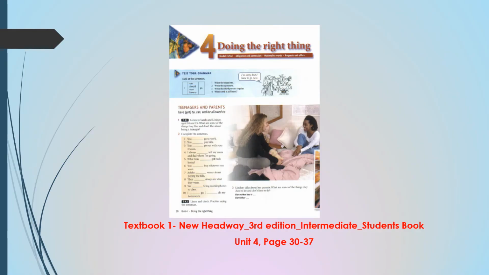Okay, now here I have textbook 1 and chapter 4, which is doing the right thing, and this whole chapter mainly focuses on the modals, and that's why I have taken this one. You can see that I have taken unit 4, pages 30 to 37.